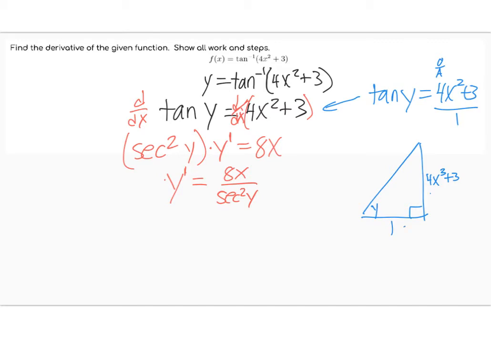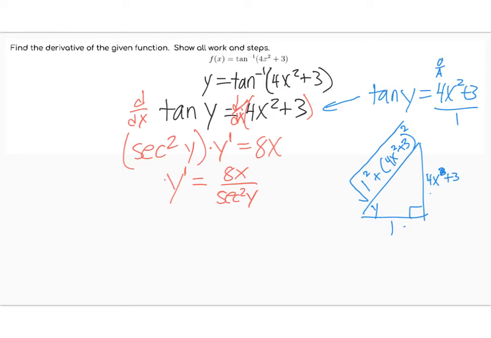To figure out the third side, we've got to use the Pythagorean theorem. And I'm not going to simplify anything because that tends to make things a bit of a mess. So I'm going to write this as 1 squared plus parentheses 4x squared plus 3 squared. That's the Pythagorean theorem to find that hypotenuse.